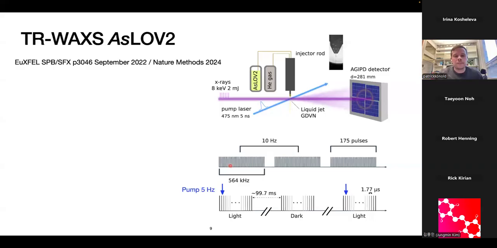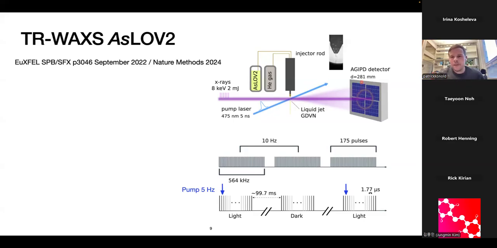of structure. So we had a beam time a few years back in the fall of 22 at the European XFEL at SPB/SFX. And this is how our experiment was set up. We were working with 8 keV photons, and we used a nanosecond laser at 475 nanometers, which was orthogonal to the X-ray beam.